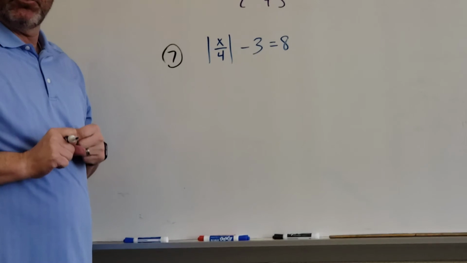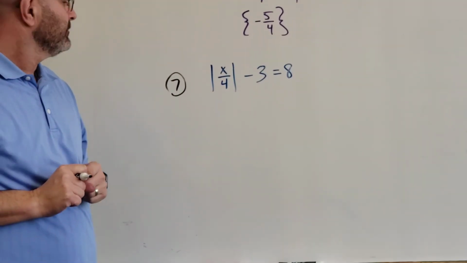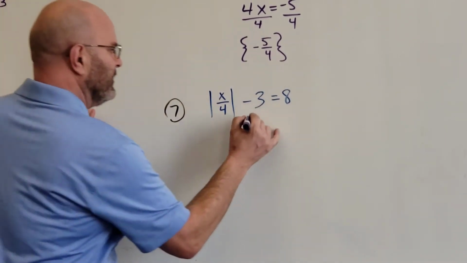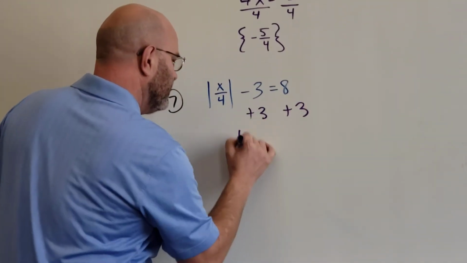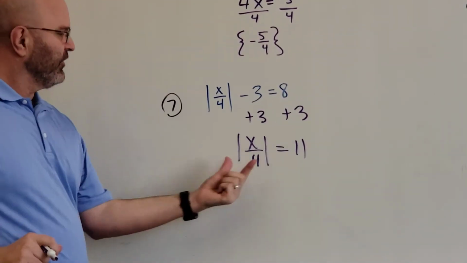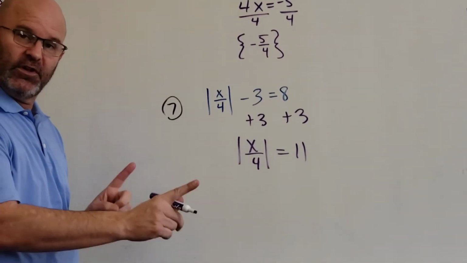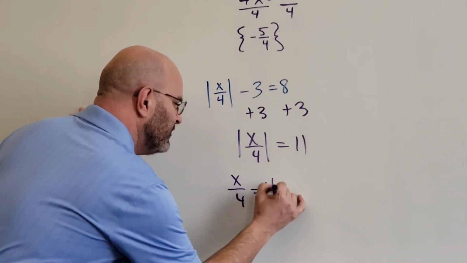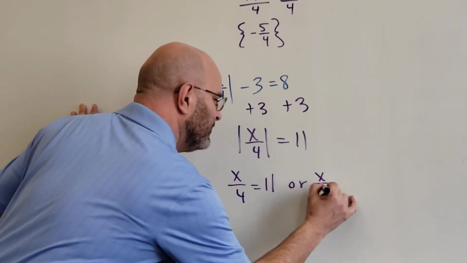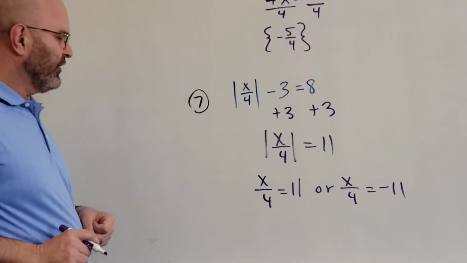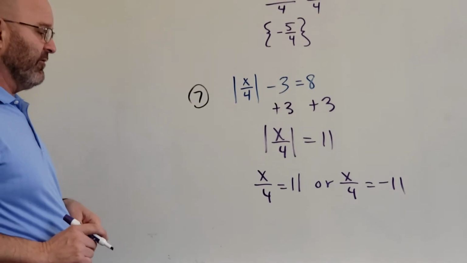2 more, and then you'll be set for homework number 1. To isolate the absolute value, I'm going to add 3 to both sides. And now that the absolute value is by itself, I switch to 2 equations just like the other problems. And now I solve both of the equations by multiplying by 4.